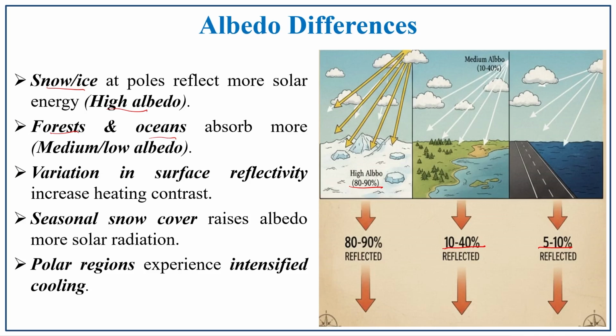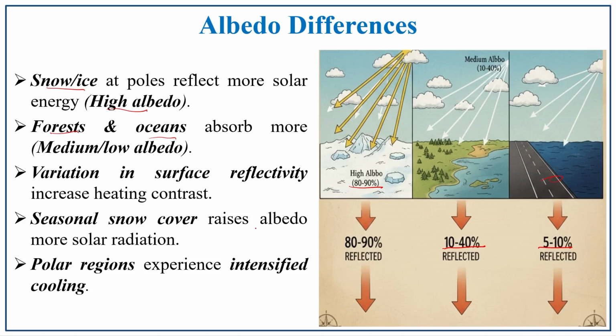So, low albedo effect will be there. This variation in the surface reflectivity increases the heat contrast, that is the heat which is reflected here will be more and the heat which is reflected here will be less.